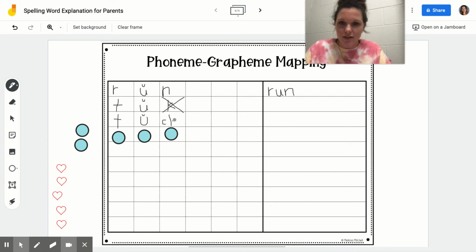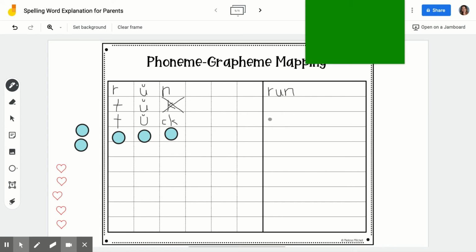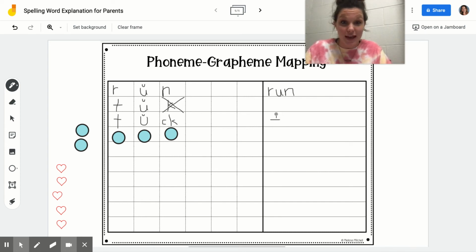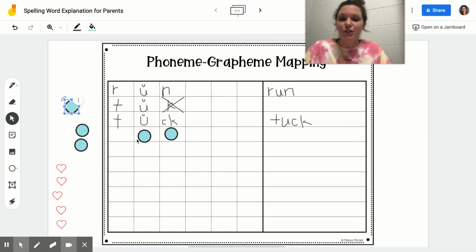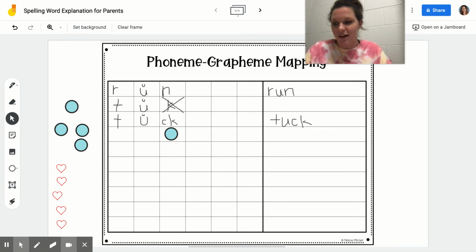Okay, so both of those letters go in that box. Then we would write the word out. And then I'd make sure that my child or students clear their boards so that we can get started with the next one.